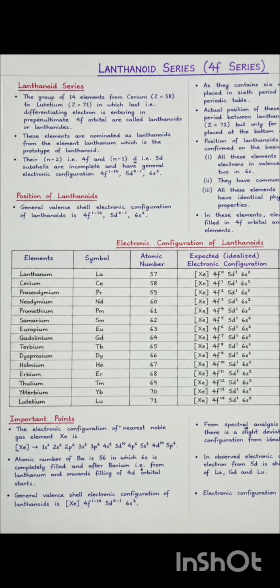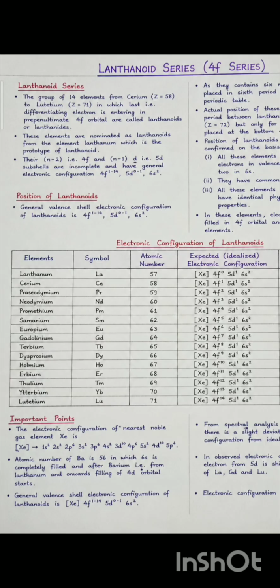In this electronic configuration, we can observe that in lanthanum, gadolinium, lutetium, each has one electron in the 5d orbital. The remaining ones are stable.